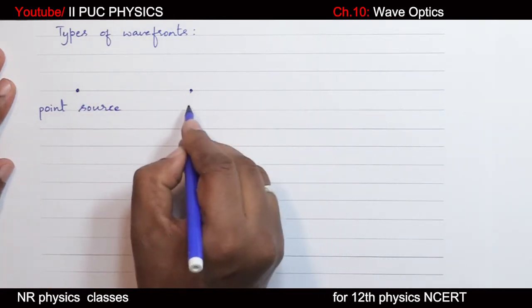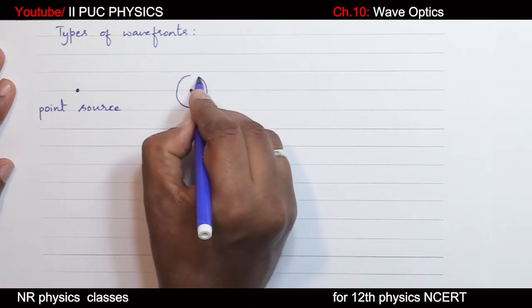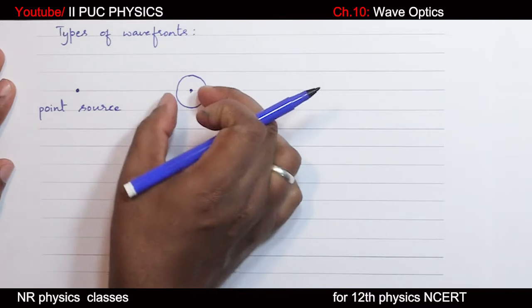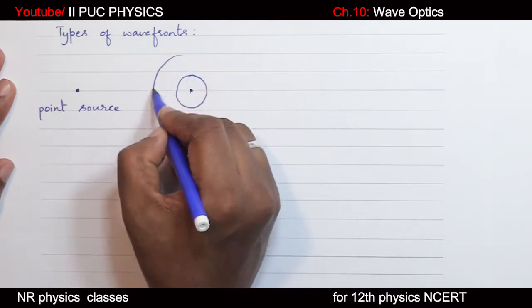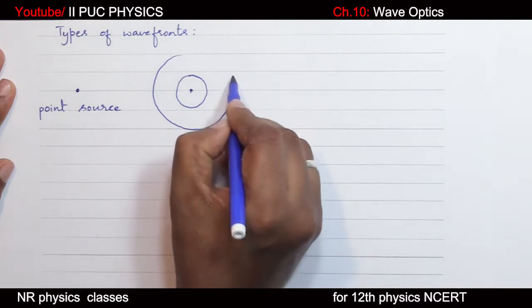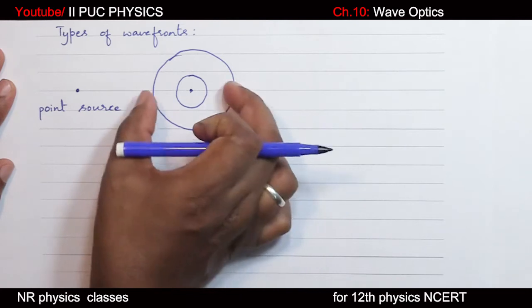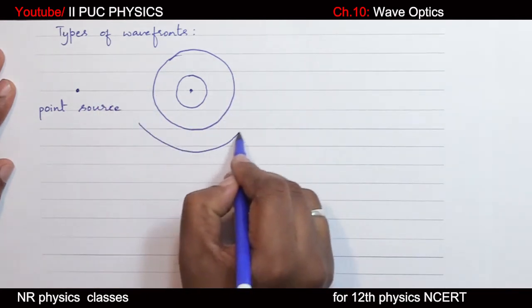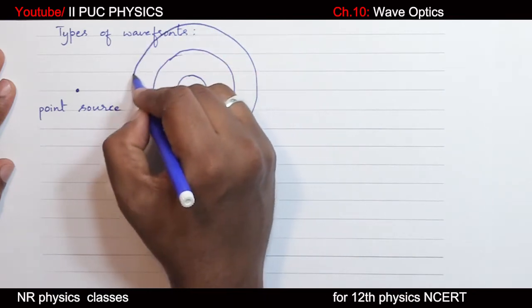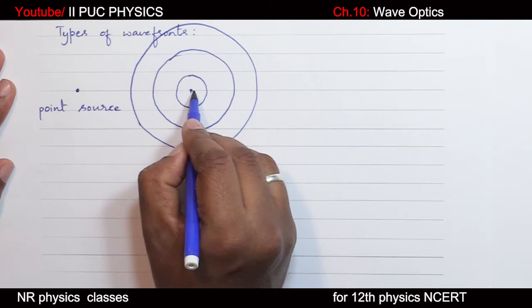If this is a point source, this is the disturbance. After some time, this disturbance spreads and takes this shape. After some time, this wavefront again spreads. This moves away, since the disturbance travels equally in all directions.